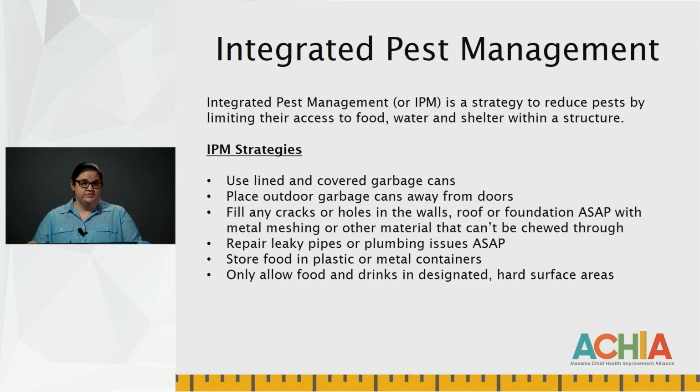So integrated pest management strategies include using lined and covered garbage cans, placing outdoor garbage cans away from doors, filling any cracks or holes in the walls, roof, or foundation as soon as possible with metal meshing or other material that pests can't chew through or slip through, repairing leaky pipes and plumbing as soon as possible, storing food in plastic containers or metal containers so that pests can't access it, and only allowing food and drink in designated areas with hard surfaces that are easy to clean immediately.